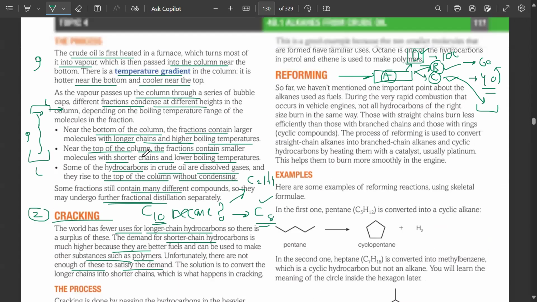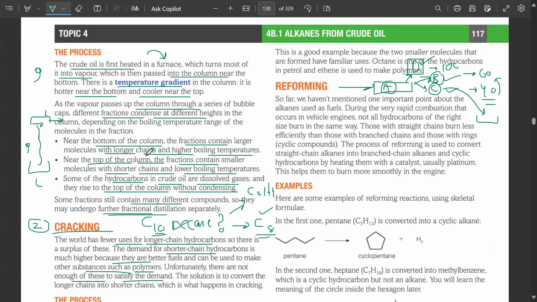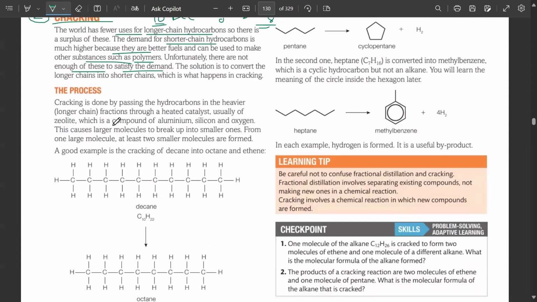So fractional distillation is still the long term and very common process in industry. Cracking is done by passing the hydrocarbons in the heavier fraction through a heated catalyst. That catalyst is zeolite. What is the zeolite catalyst used in cracking? It's a compound containing aluminium, Al2O3, and silicon, SiO2, and oxygen.